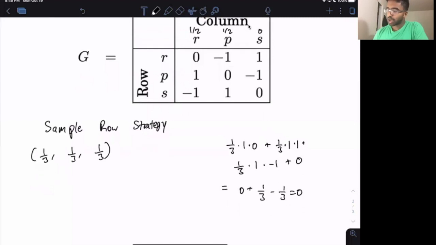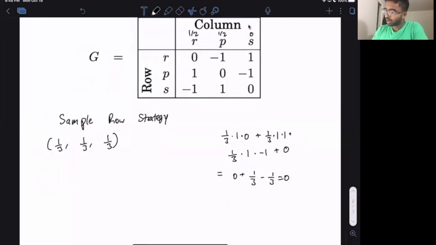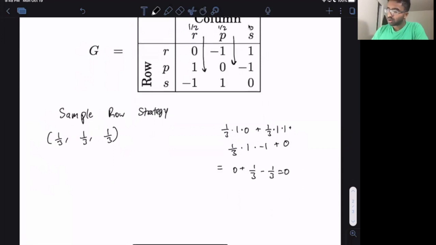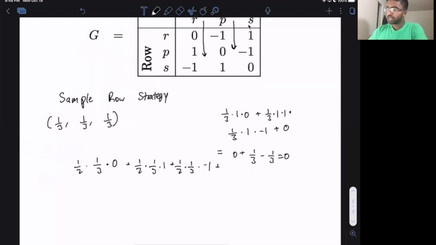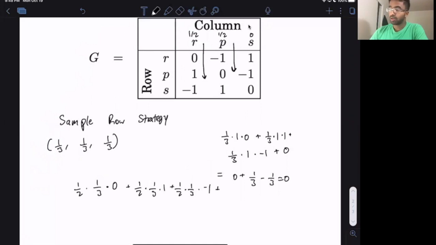Now the expected payoff, going down each row, for rock and rock to happen is 1/2 times 1/3 times 0, plus 1/2 times 1/3 times 1, plus 1/2 times 1/3 times -1.